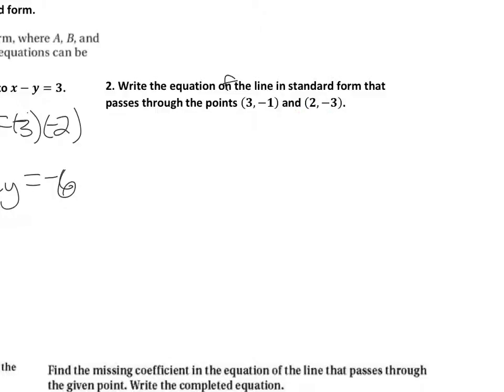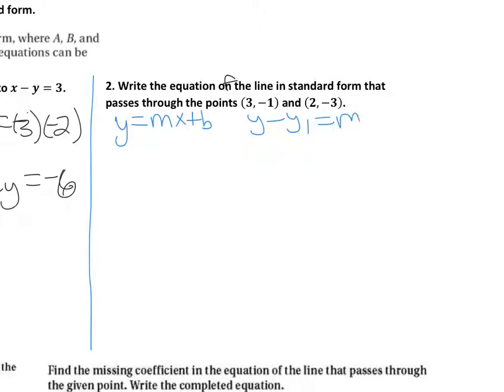Okay, so this is what I would do. We know really, really well here y equals mx plus b, or y minus y1 equals m times x minus x1, point-slope. But notice they both have the slope.